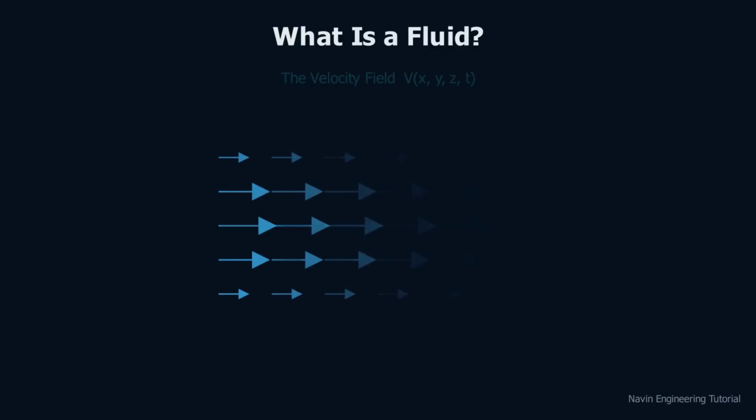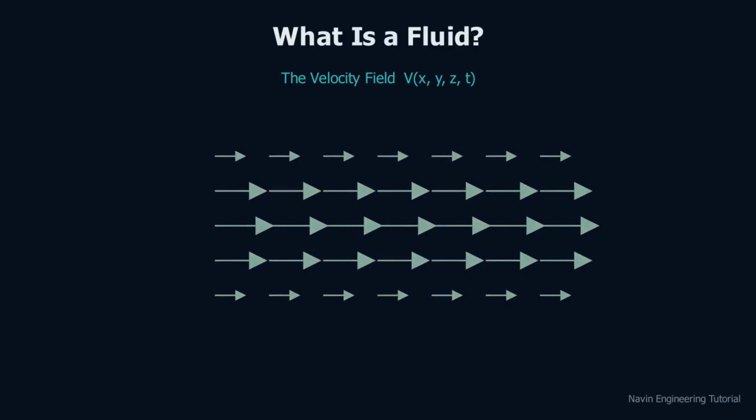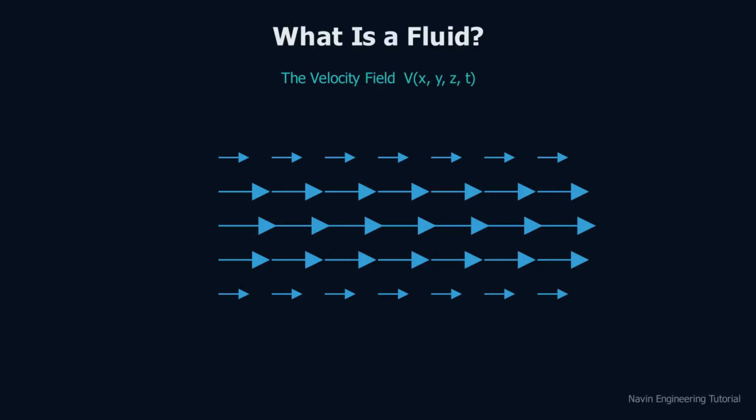At every point of that continuum, we imagine a velocity vector, the speed and direction of the fluid at that exact location, at that exact instant. Taken together, all of these vectors form what is called the velocity field. Notice that the field is not uniform. The fluid moves faster in the middle of the duct and slower near the walls, exactly the way traffic moves faster in the center lane than near the curb.